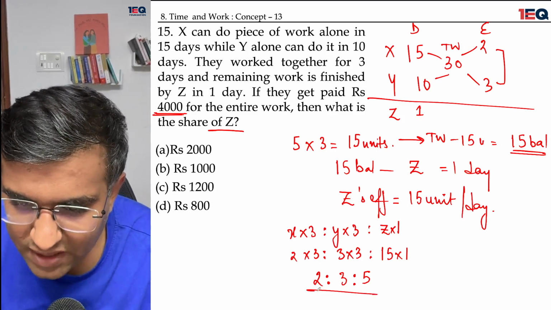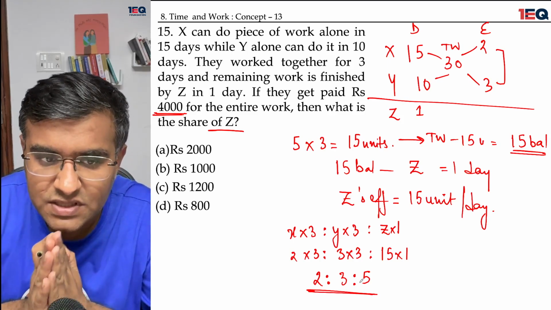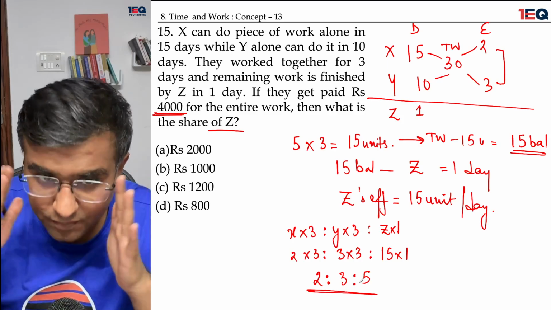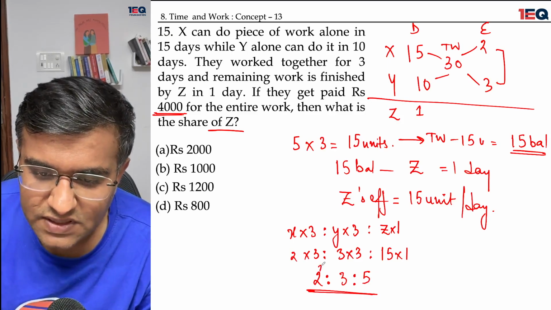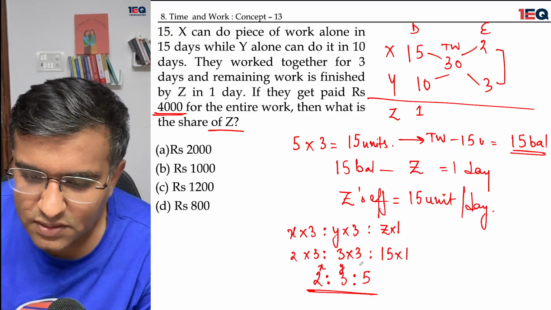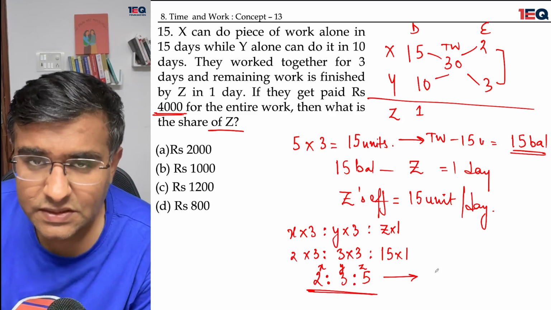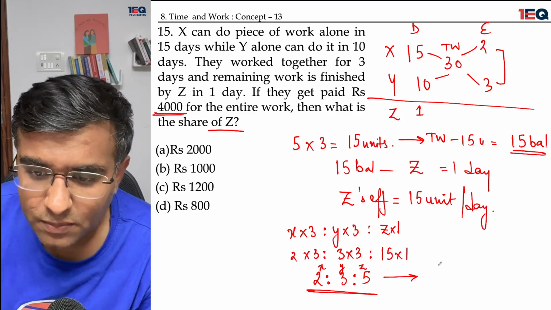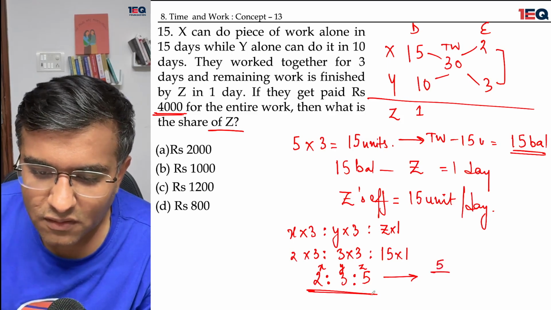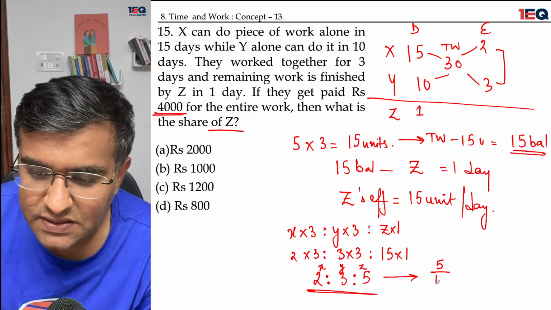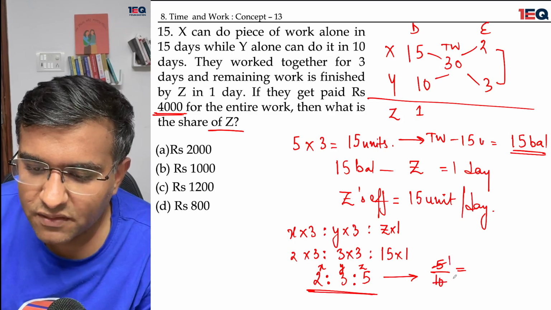This is the manner in which the entire shares would be split. They are talking about the shares of Z. This is X, this is Y, and this is Z. If you have Z in place, then the share of Z is 5 with a total work of X, Y, and Z being equal to 10. 5 by 10. 5 ones are 5, 5 twos are 10.